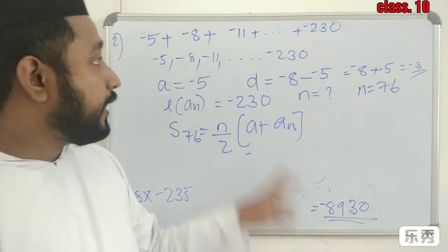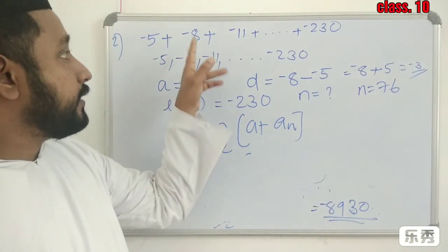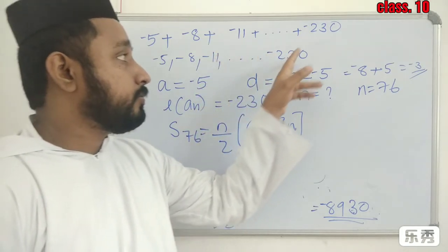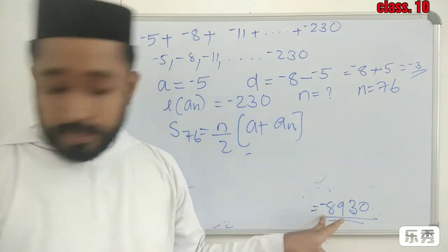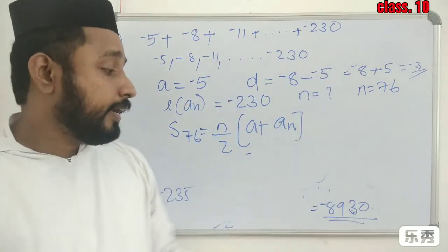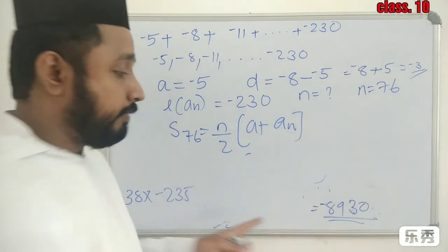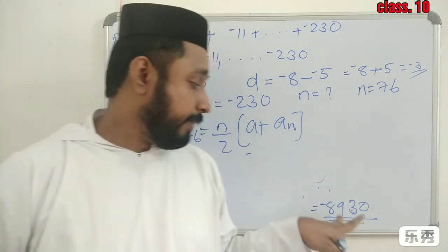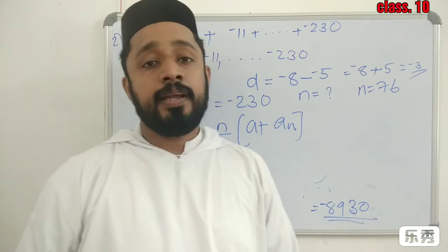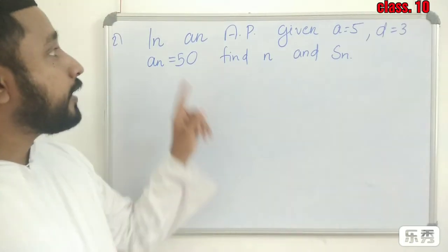So the sum of this AP, minus 5, minus 8, minus 11, up to minus 230, is equal to minus 8,930. So first we find the value of n, then we find the sum of this AP, minus 8,930. Let us consider another question.